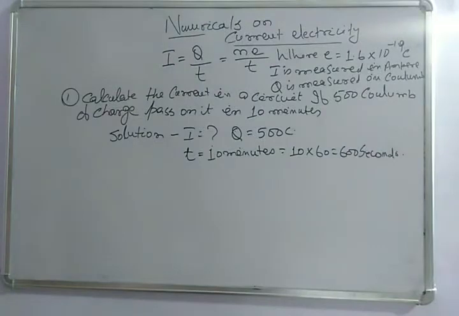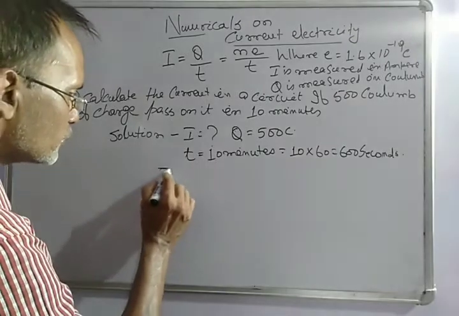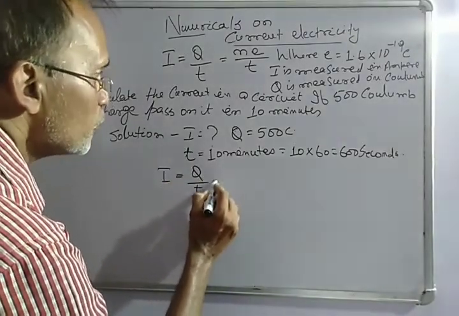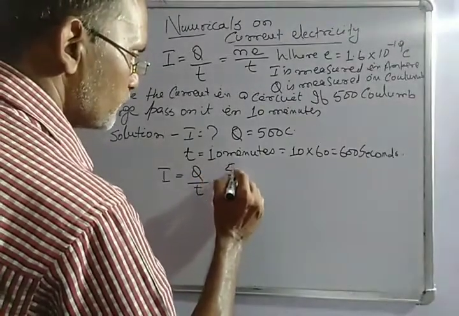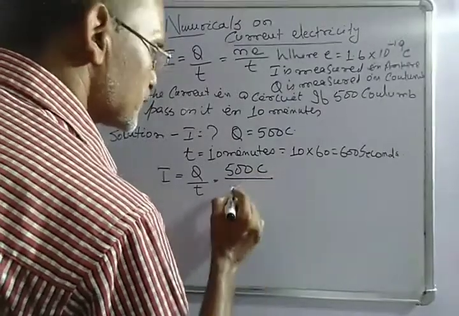So what will be the current? Current I is equal to Q by T. This is equal to 500 coulomb by T, means 600 seconds.